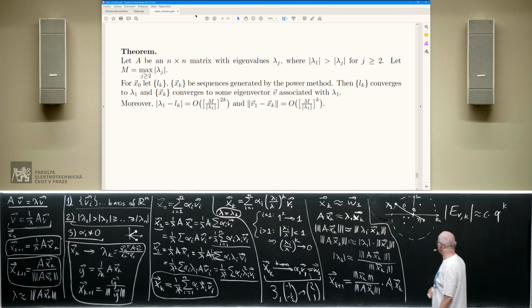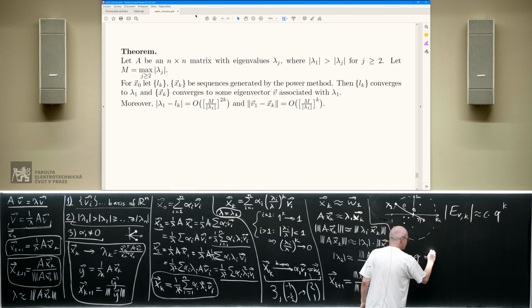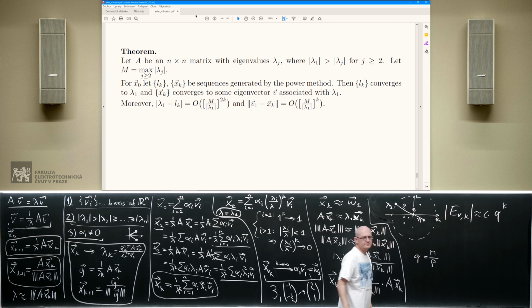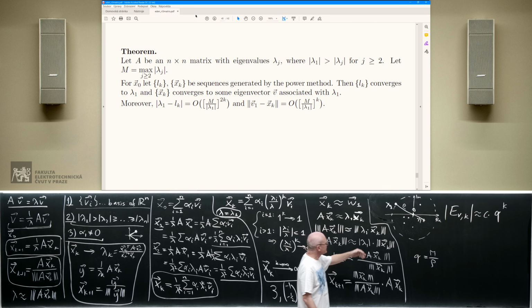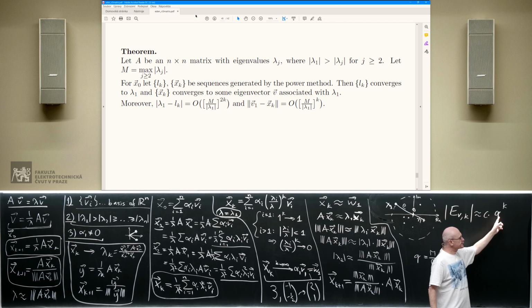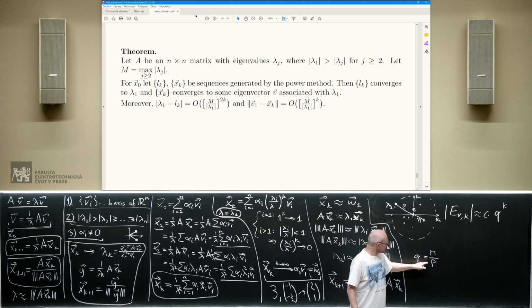Now, what is q? Q is the ratio between the second largest and the largest eigenvalue. And we know that a geometric sequence converges quickly, really fast, if q is close to 0. Which means that we want the largest eigenvalue to be much larger than all the other eigenvalues.